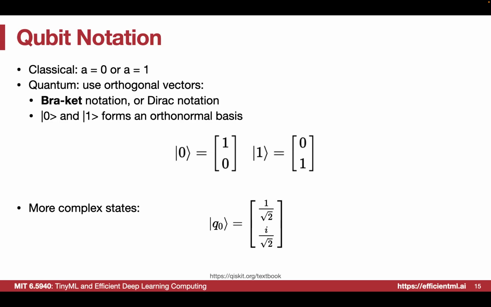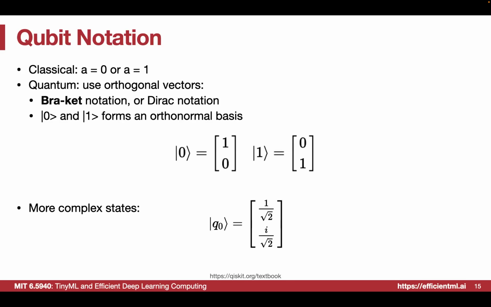In quantum, we also want to have some basis to represent information, so here we use orthogonal and orthonormal vectors, the 0 and 1, written in bracket notation, which is also called Dirac notation. So we have these two states. The first is the 0 state, which is the vector (1, 0), and the 1 state, which is (0, 1).